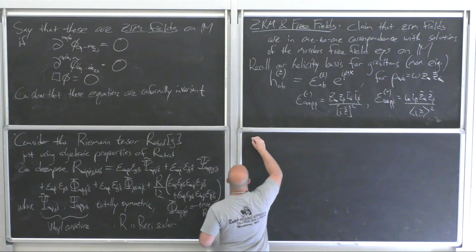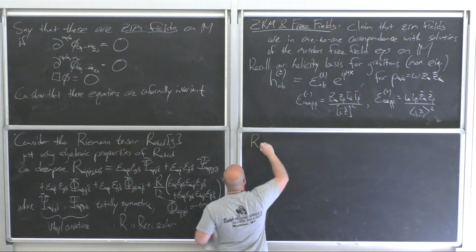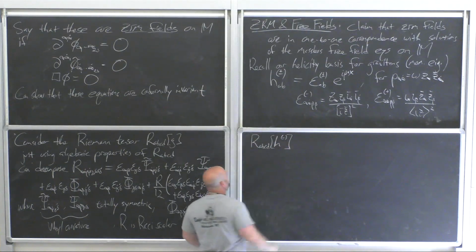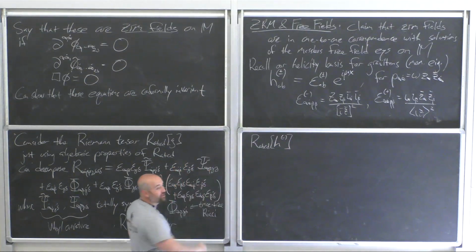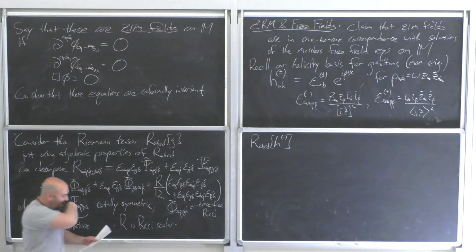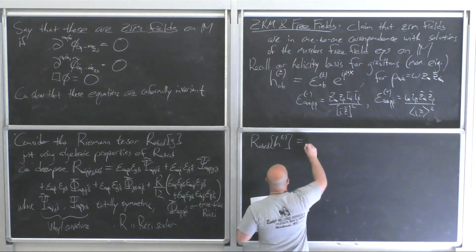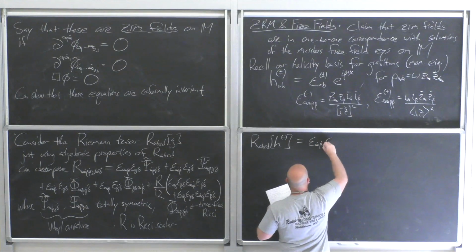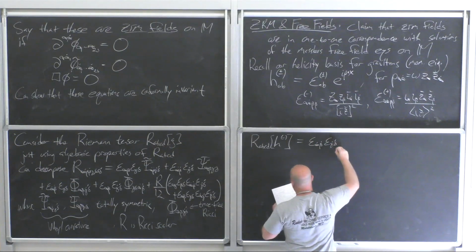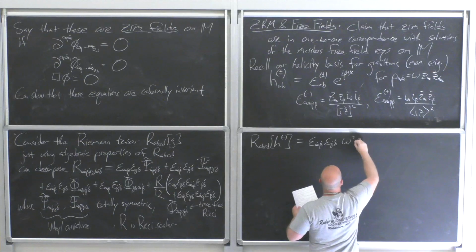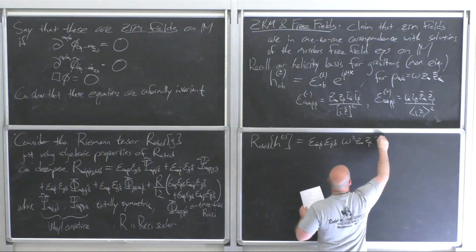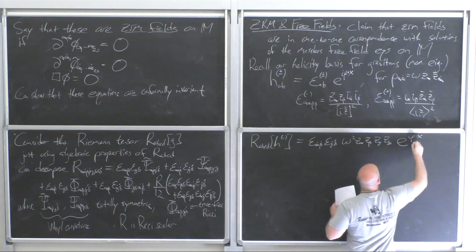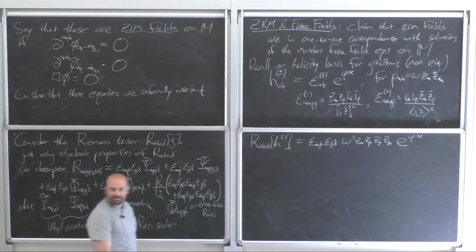So for instance, we could take the Riemann tensor R_ABCD of our negative helicity graviton wave function. What you get if you compute the Riemann tensor of this is that you only get one term, this one, right?